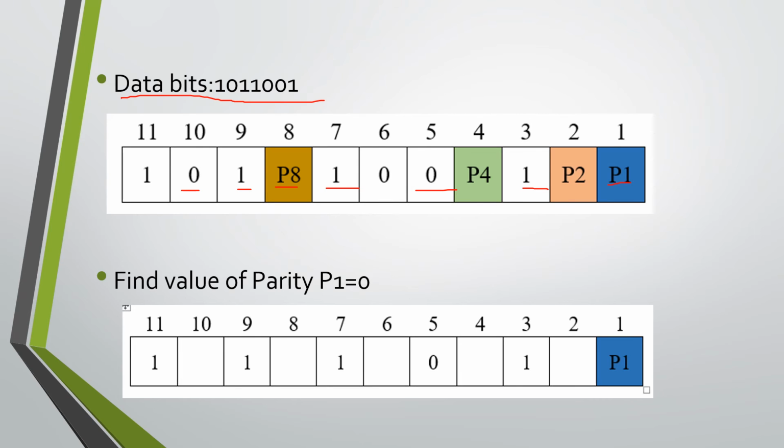Then count the total number of 1s in these positions. So here the total number of ones is 4, that is this 1, 2, 3 and this 4. So here the number of ones in those positions is already even. So take the value of the parity bit as 0, because we want even parity.